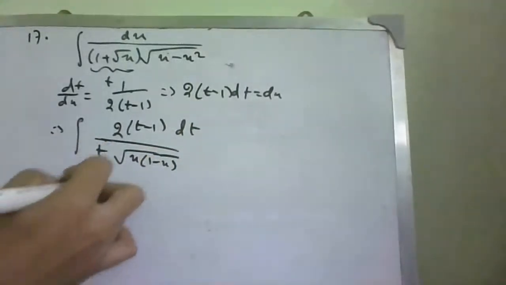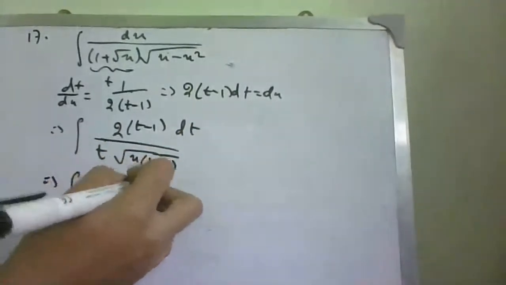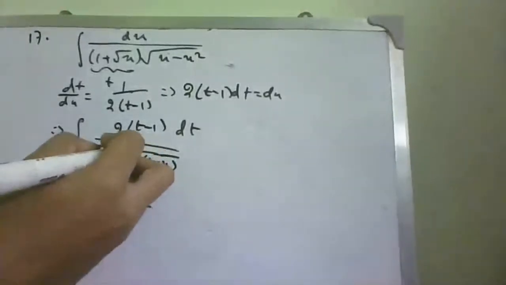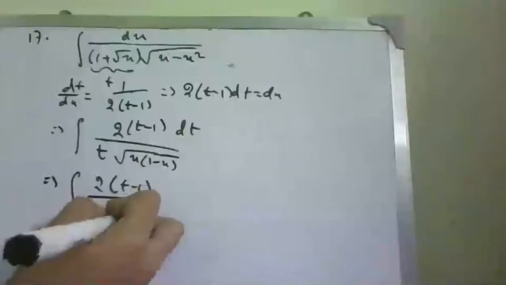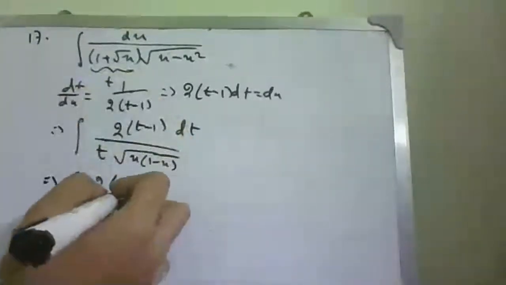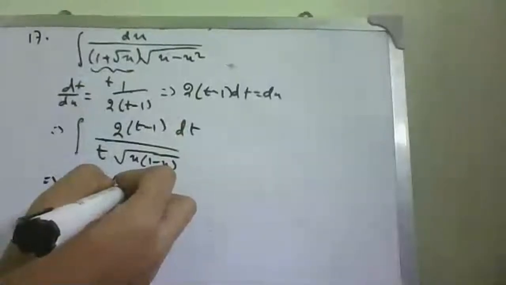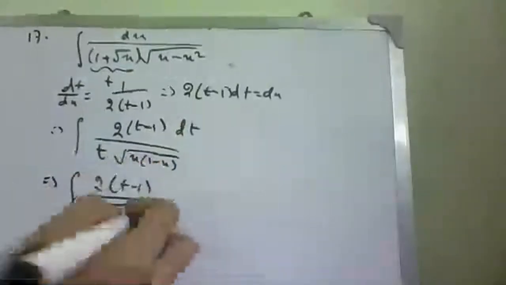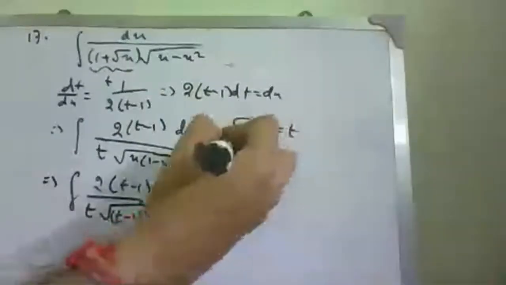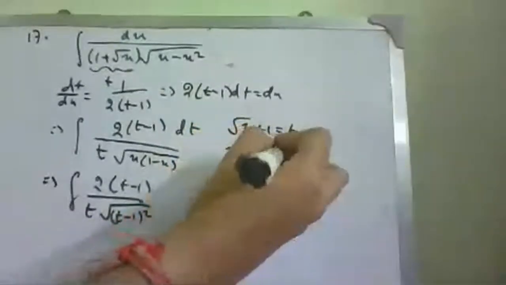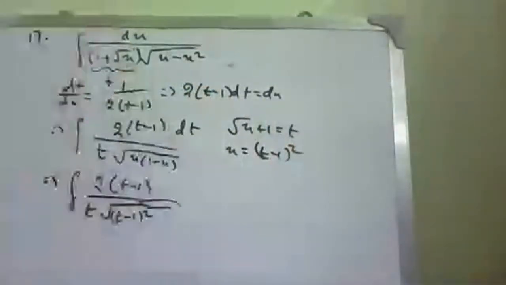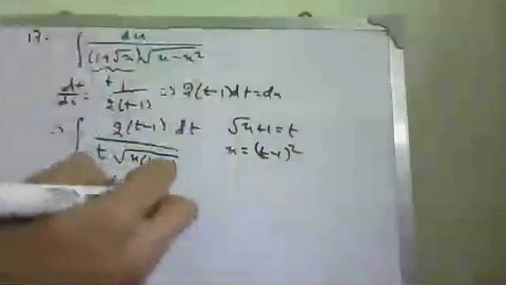1 minus x is basically what it is. It is nothing but 2 times t minus 1 over t times x. X is t minus 1, okay, it is t minus 1 squared because root x is t minus 1. So x is basically t minus 1 squared. Yes, we are done. It's actually working.